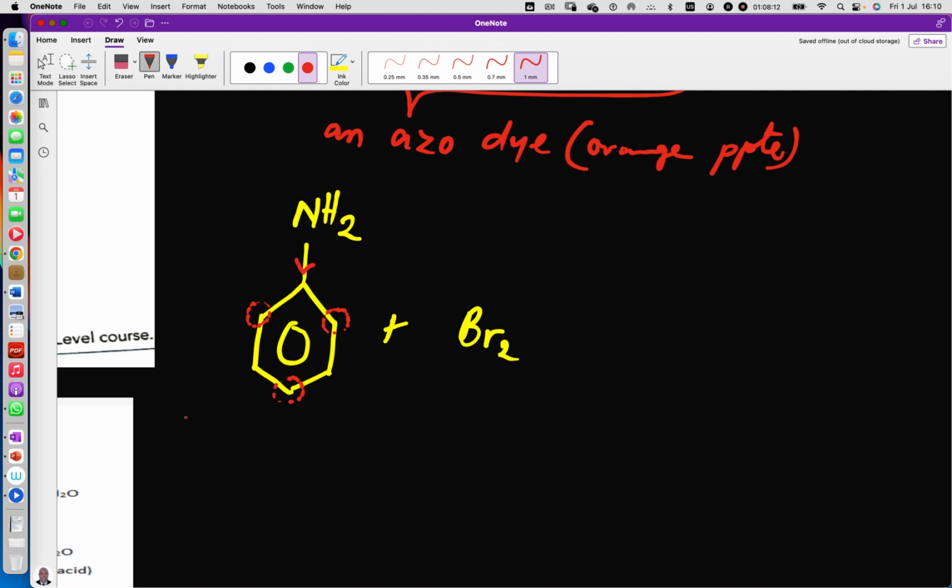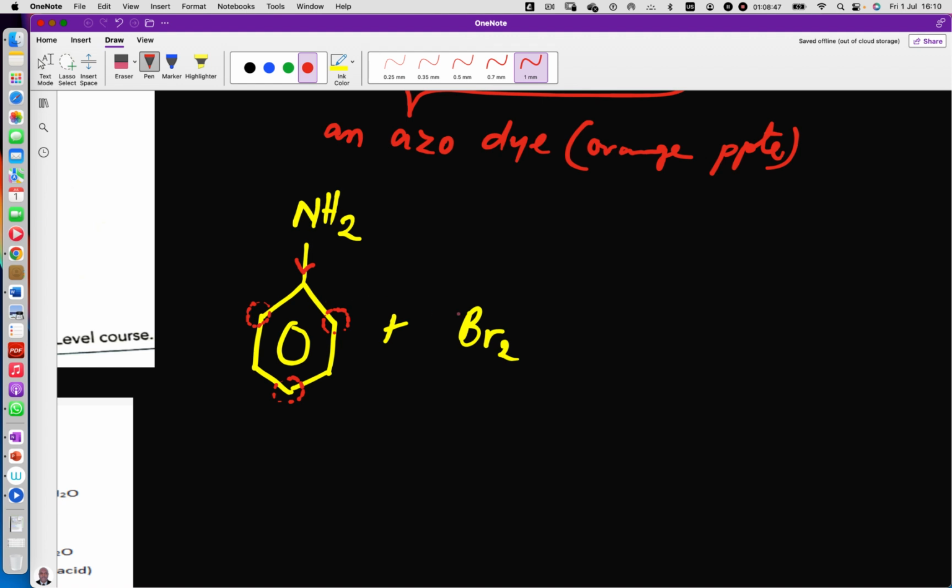As they donate electrons, they activate the ring at these positions, increasing the electron density at the 2nd, 4th, and 6th positions. When the electron density at these positions is high, it gives the ability for an electrophile to attack the delocalized benzene ring at the 2nd, the 4th, and the 6th position.